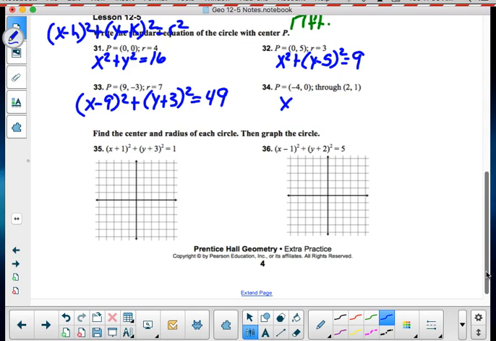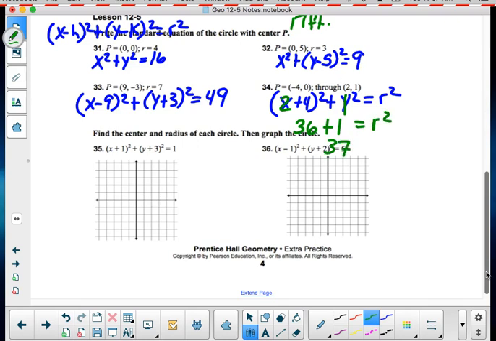Here I've got x plus 4 quantity squared plus y squared equals r squared because I don't know what it is yet. So now I got to plug in 2 and plug in 1. And now I've got 6 squared, which is 36, plus 1 is equal r squared.